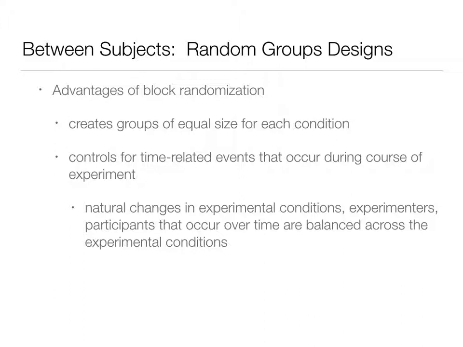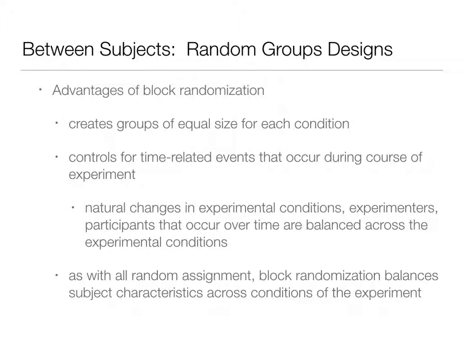But again, we're not going to let anything covary with our independent variable. We're not going to allow for extraneous variables. We're going to either control them or balance them out. And this is creating a situation where we can balance those time-related changes over the course of an experiment.